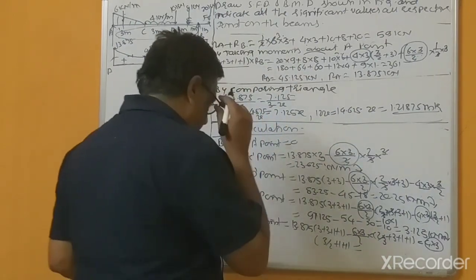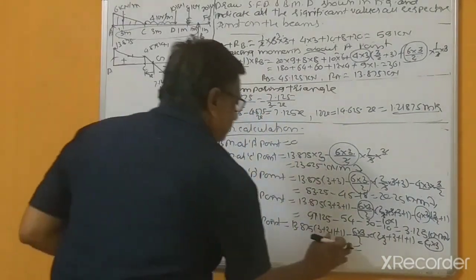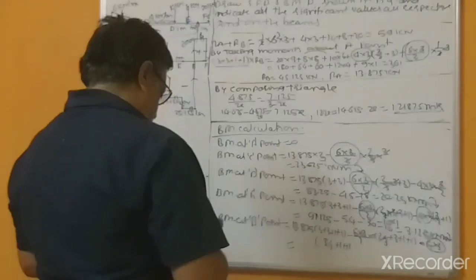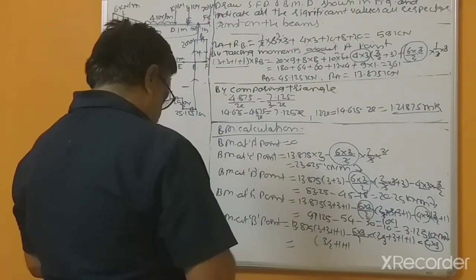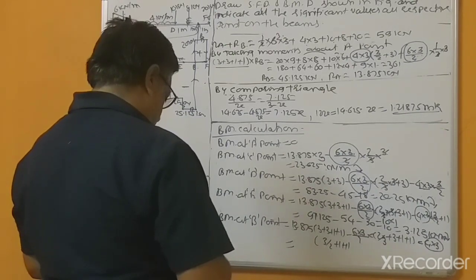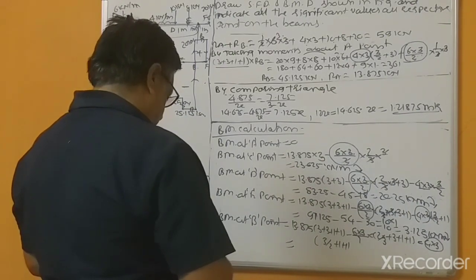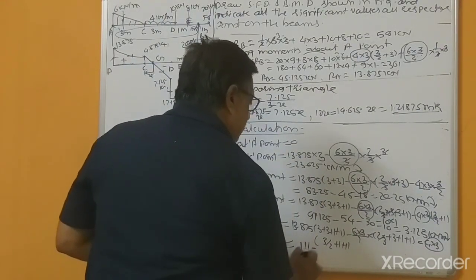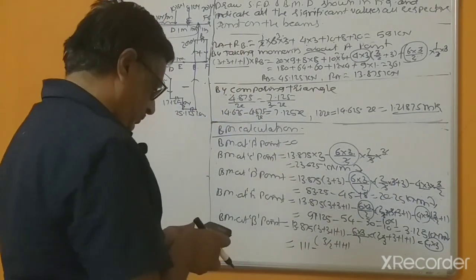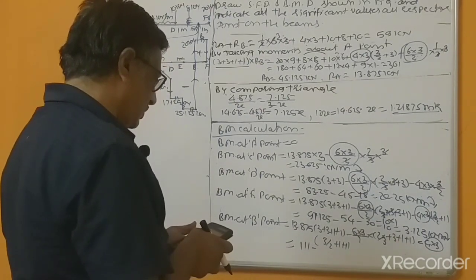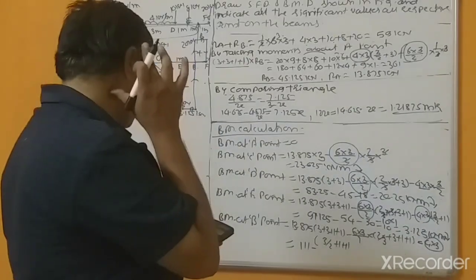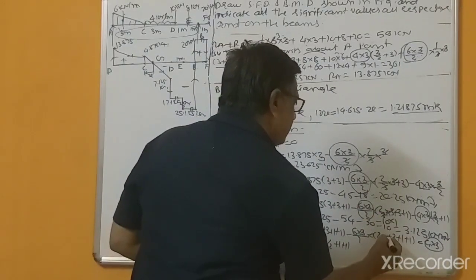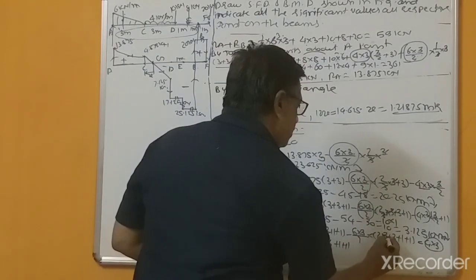This is equal to 13.875 multiplied by 8, 111, negative 9 into 2/3 of 3.